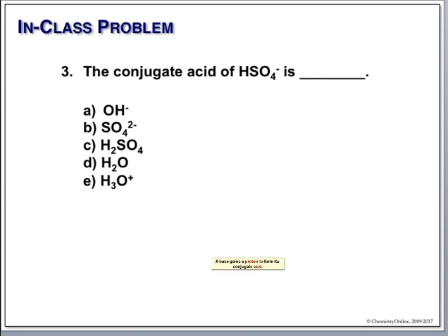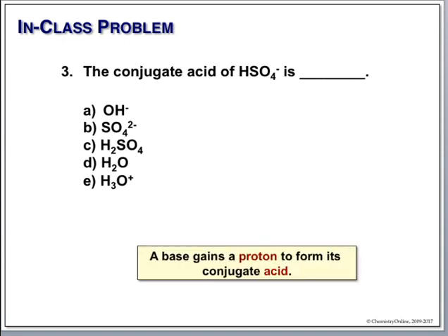The conjugate base was formed when the acid lost a proton. So which of these is hydrogen sulfate plus a proton? Well, it's sulfuric acid. Any questions?